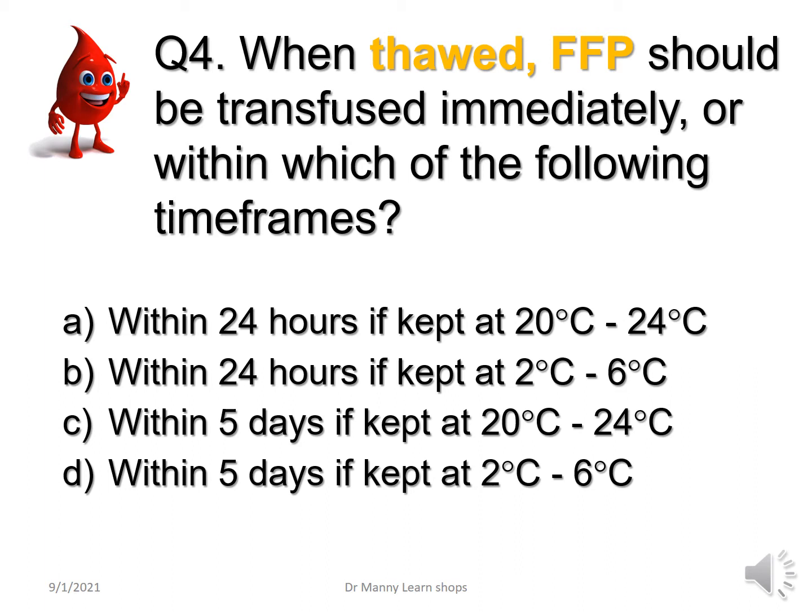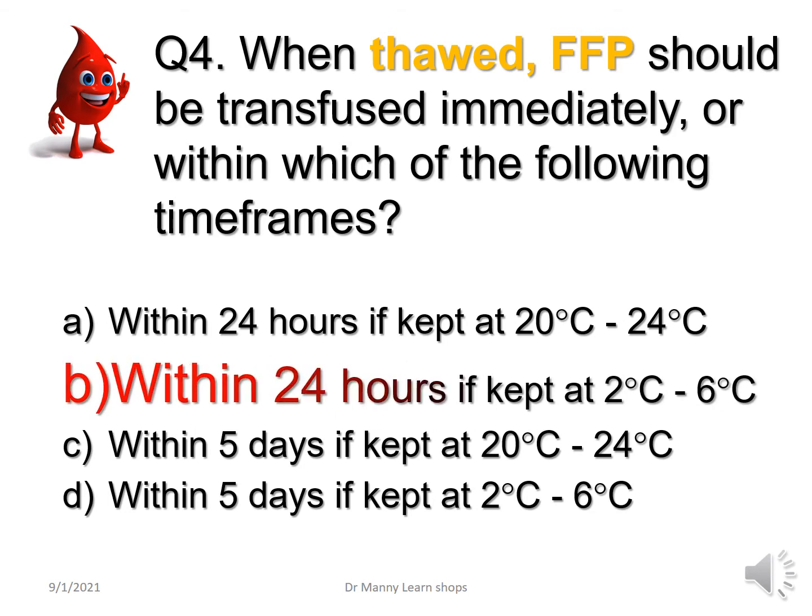A, within 24 hours if kept at 20 to 24 degrees centigrade. B, within 24 hours if kept at 2 to 6 degrees centigrade. C, within 5 days if kept at 20 to 24 degrees centigrade, or D, within 5 days if kept between 2 and 6 degrees centigrade. The correct answer is B.